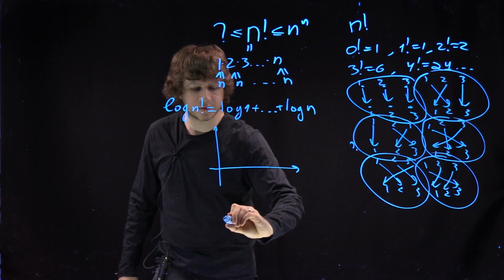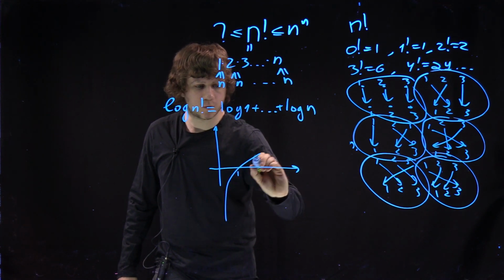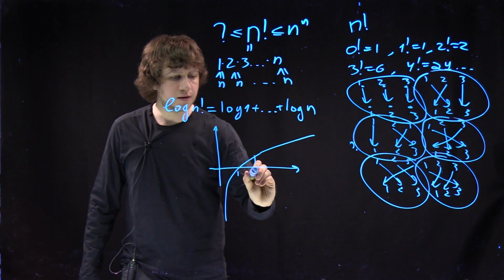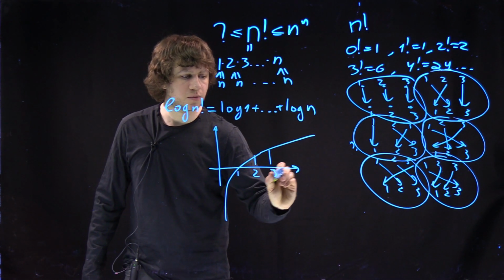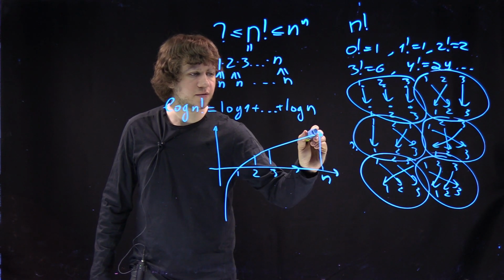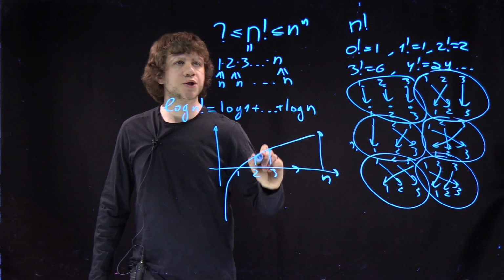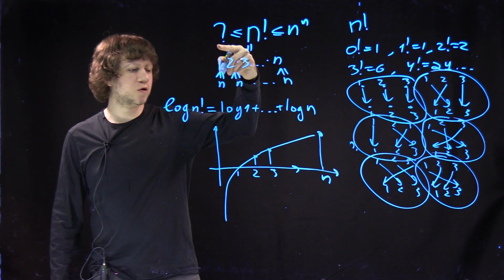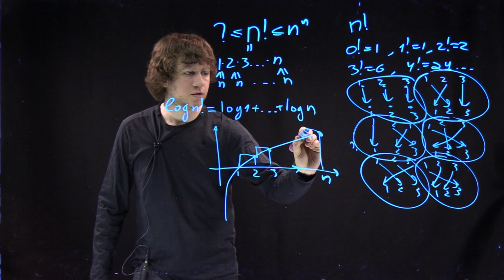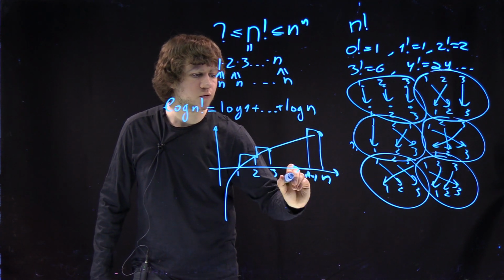Logarithm is a function which after 1 goes up very slowly. So what is the sum of logarithms up to logarithm n? This is just the sum of these values, and we want to estimate it from below. So let's draw little rectangles from n minus 1 to n.